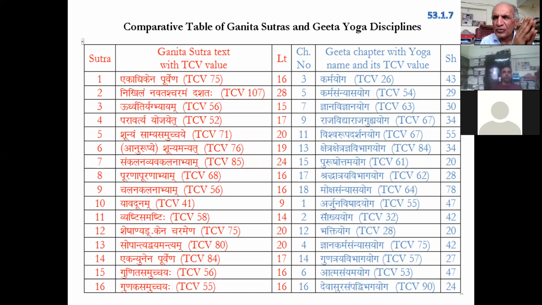The end fruit of the present chase ultimately will be as to how the values of the mathematical domains of the respective Ganita Sutras and of respective yoga disciplines of Gita are parallel with each other.